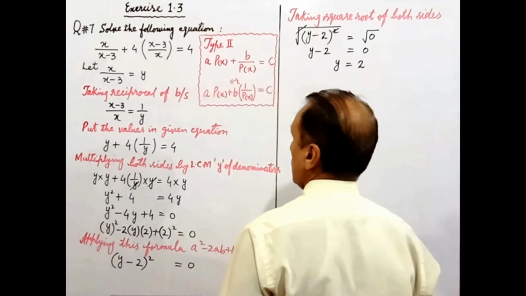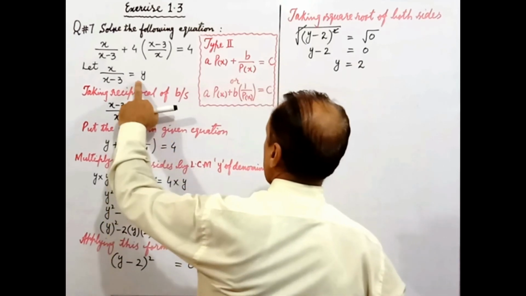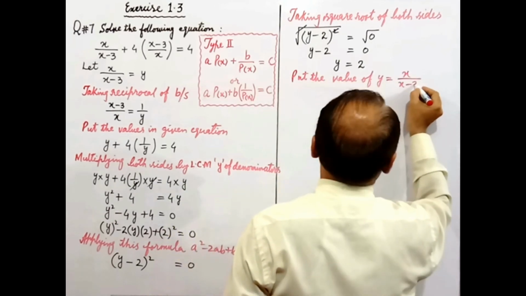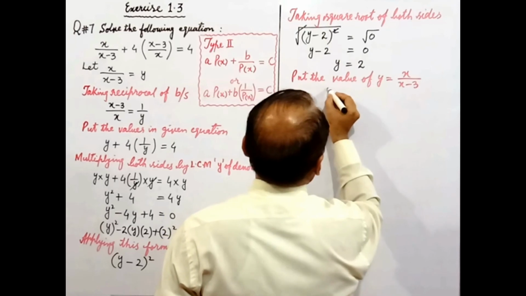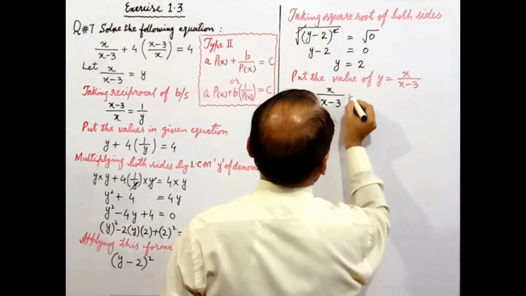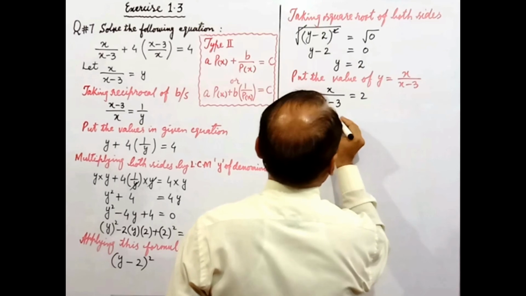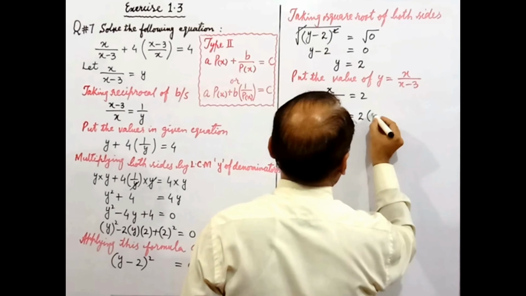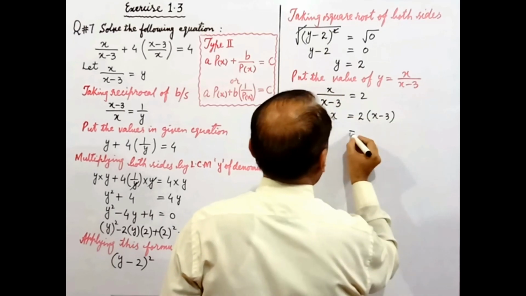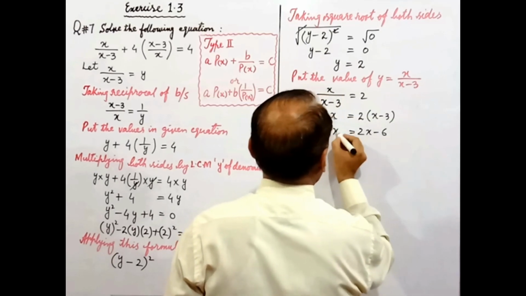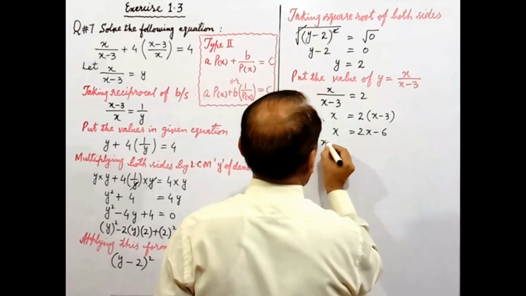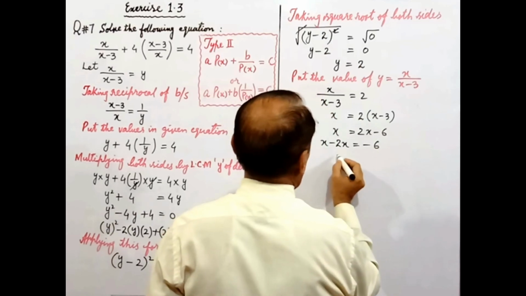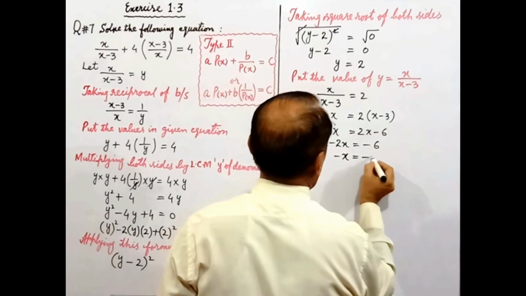Now we replace the value of y. We have x over x minus 3 is equal to 2. By cross multiplication we get x is equal to 2 into x minus 3, that is 2x minus 6. 2x is taken to the left hand side, x minus 2x is equal to minus 6. 1 minus 2 is minus 1, so that is minus x is equal to minus 6.